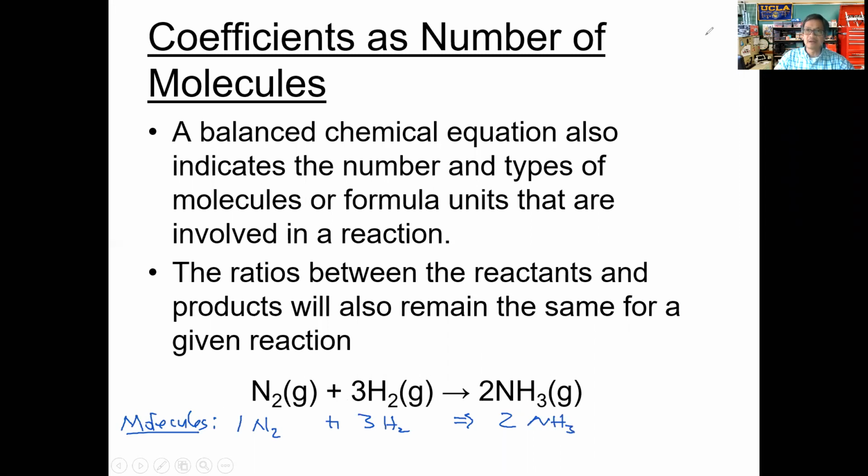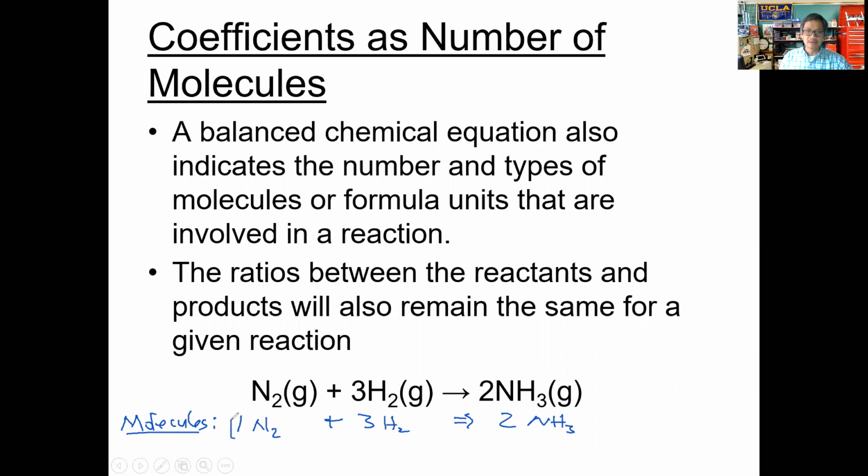And make sure you keep this in mind, that when we talk about this particular level of interpretation, we're looking at the particles as a whole. So we're starting out with 1, so the coefficient here is 1. We have 1 nitrogen, and again, we're not counting atoms here, we're counting the total molecules. We have 1 nitrogen molecule reacting with 3 hydrogen molecules to form 2 ammonia.